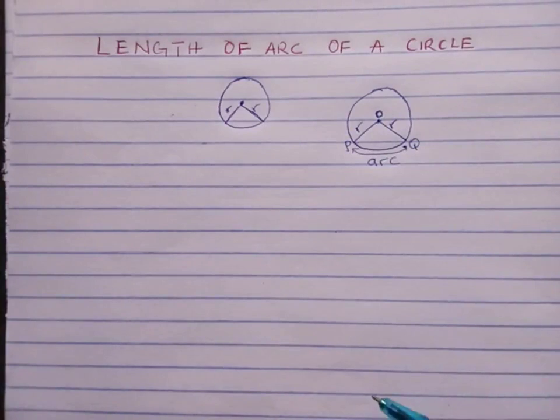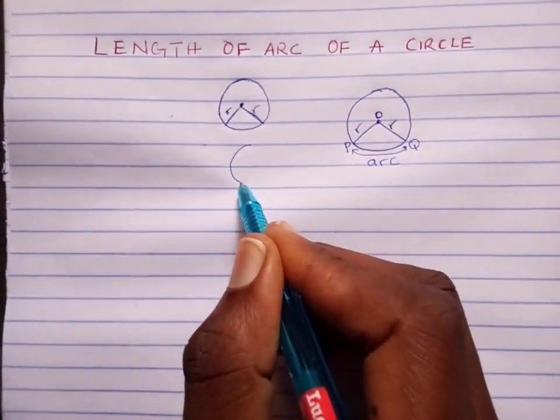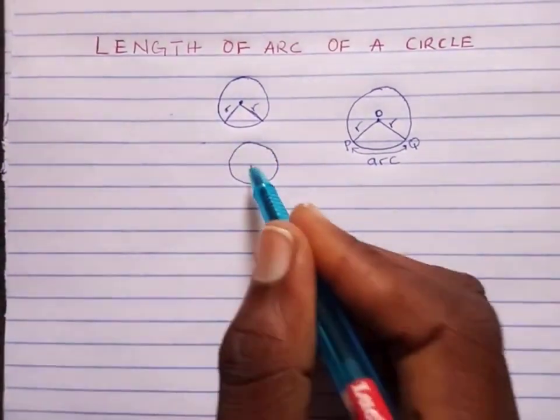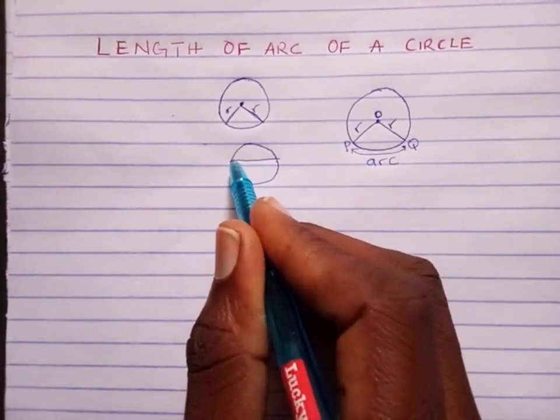An arc of a circle can also be formed when a chord cuts out a portion of the circle. Take for instance, you have a chord. This is a chord.